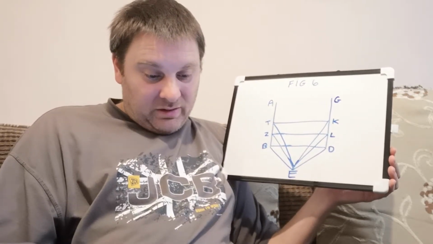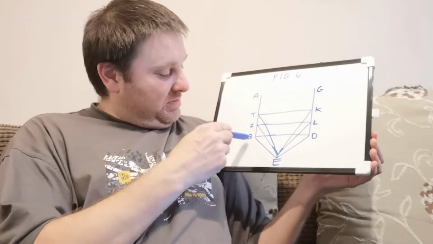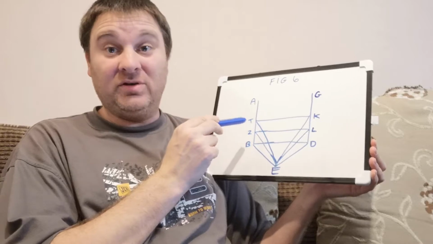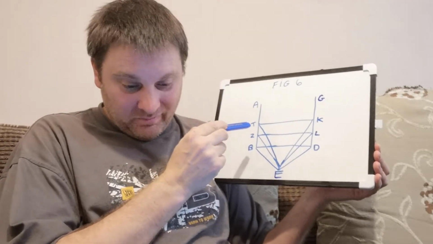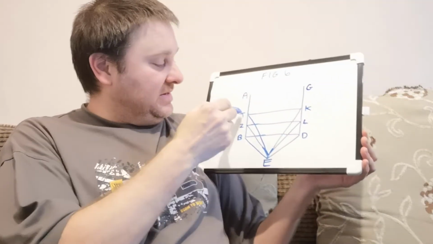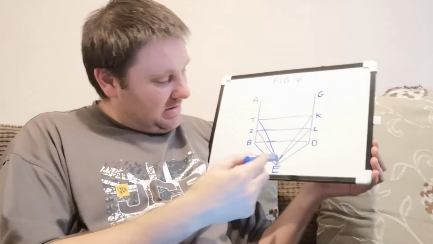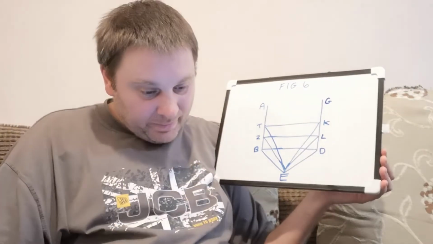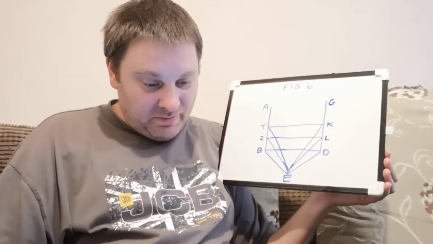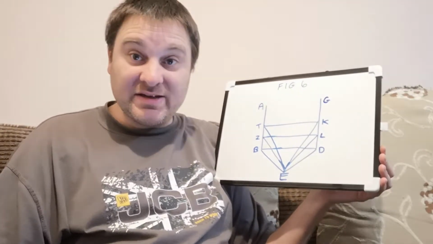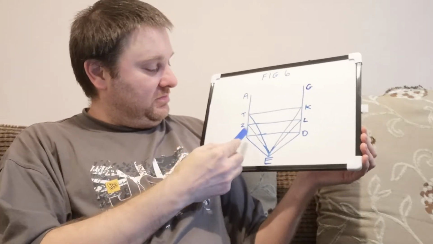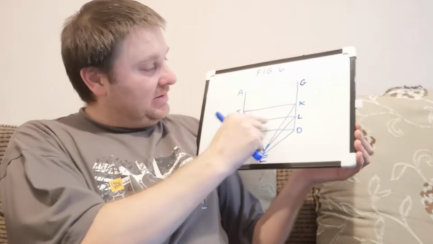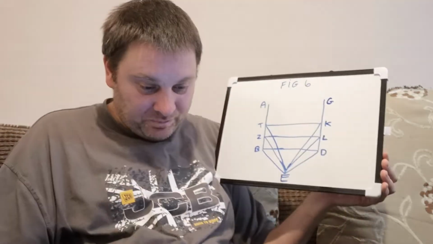So let the rays fall EB, EZ, or for people in America, Z, and ET, ED, EL, and EK, right? And let these points be joined by straight lines BD, ZL, and TK.